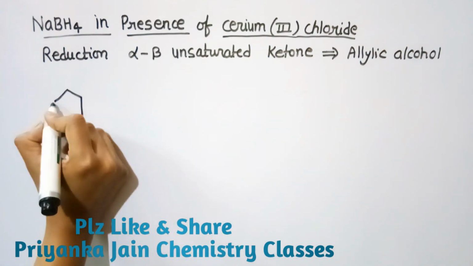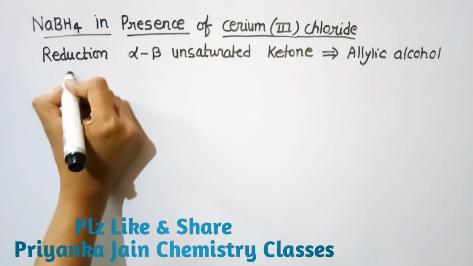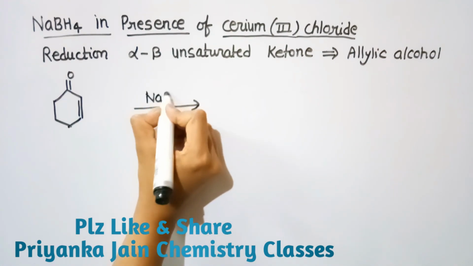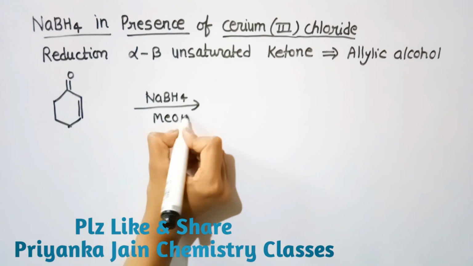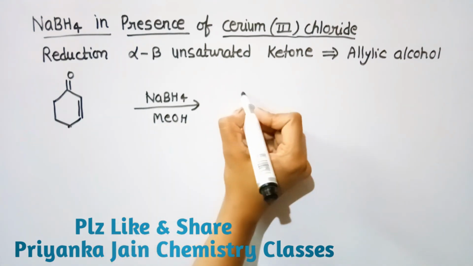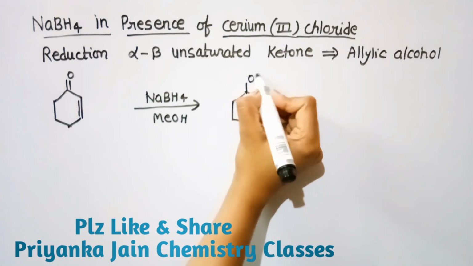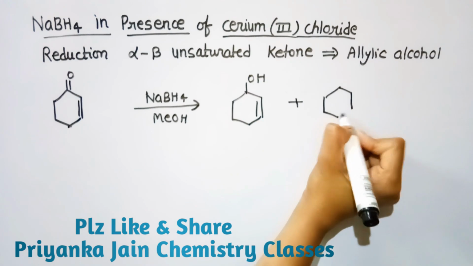For example, if we take this compound and use NaBH4 in the presence of MeOH, then we get a mixture of this and this. Sometimes the double bond also gets reduced.